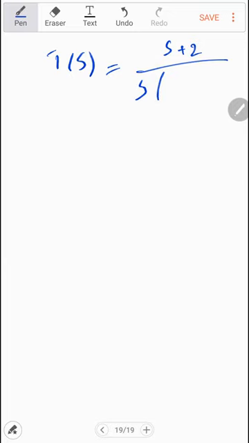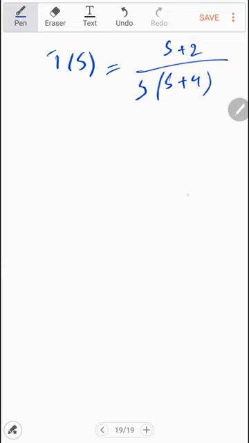For example, let's say that we have the transfer function T of s, which is equal to s plus 2 divided by s times s plus 4. Let's say this is the transfer function, and we are going to plot the root locus for this one. So how will we know about the pole and zero information?